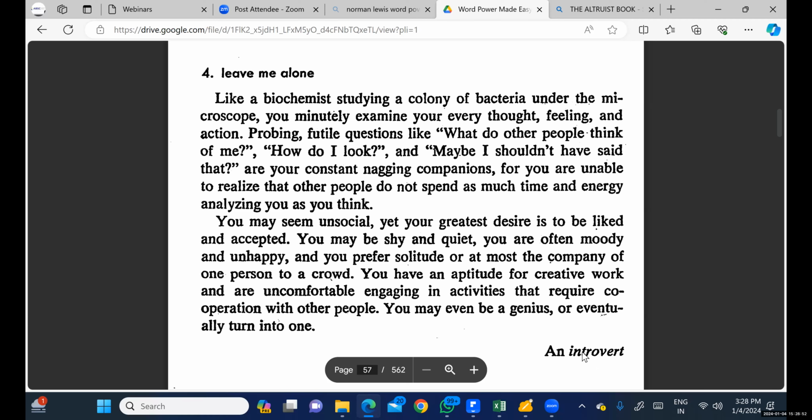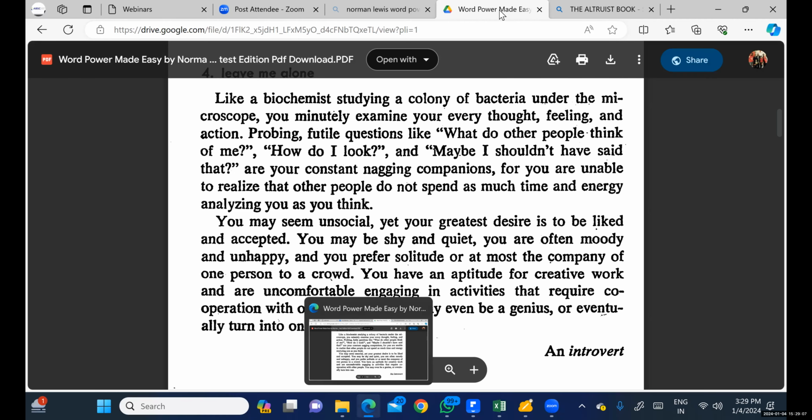So whenever you come across this intro, what does this mean? Whenever you come across this word, intro, introduction, introductory, let's see what it means. What does it tell you?